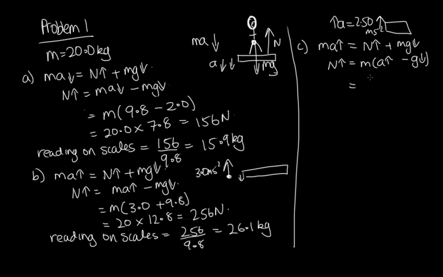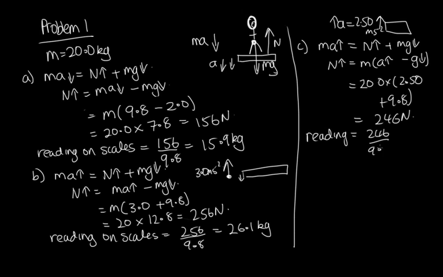And so for the acceleration upwards, we've got 20.0 times 2.50 and then minus minus 9.8, so that's plus 9.8. And so solving this on the calculator, we end up with 246 newtons, and so the reading is equal to 246 over 9.8, which gives us 25.1 kilograms.